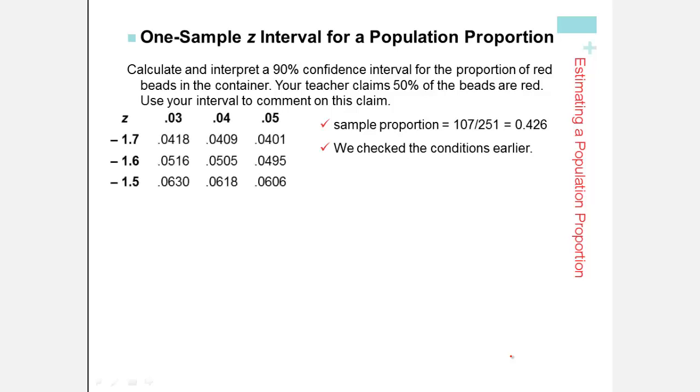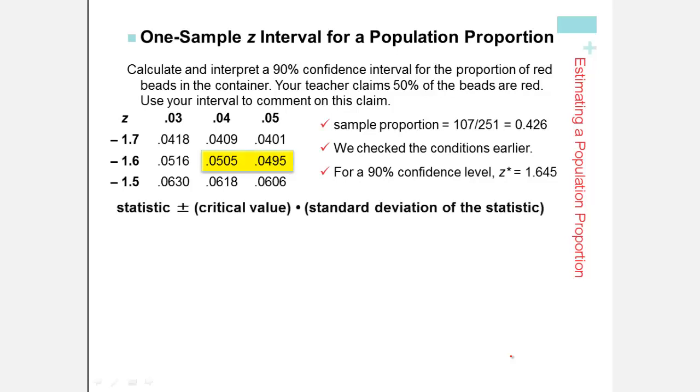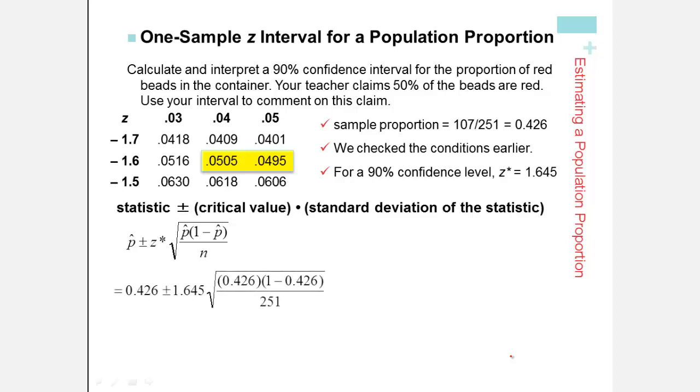With a 90% confidence level, the lower tail area under the curve would be 0.05. If I use table A to find my critical value, z star ends up being 1.645. So in constructing my confidence interval, using this formula and substituting in the values I know, we get this.